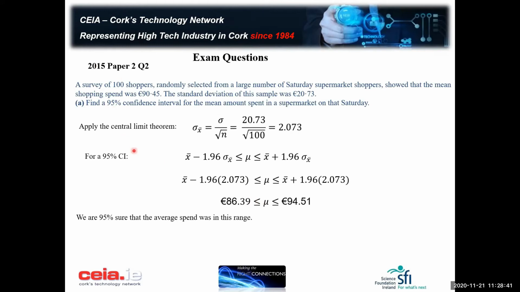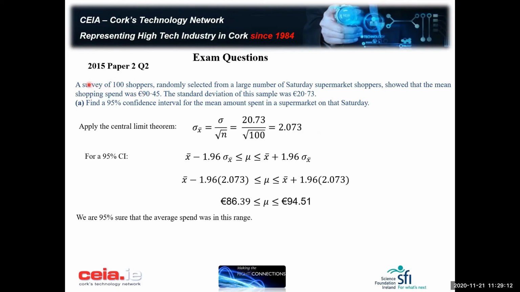In 2015, there was question 2 on paper 2. And here's an example for just using a standard normal with 95% confidence interval. So in this case, they're talking about a survey of 100 shoppers. Survey means they've taken a sample of 100 selected from a larger number of shoppers.